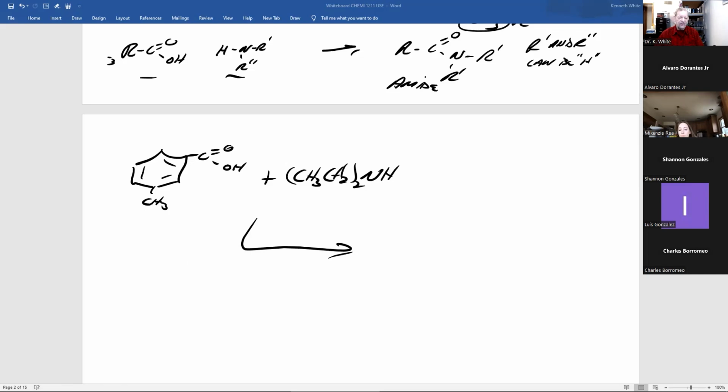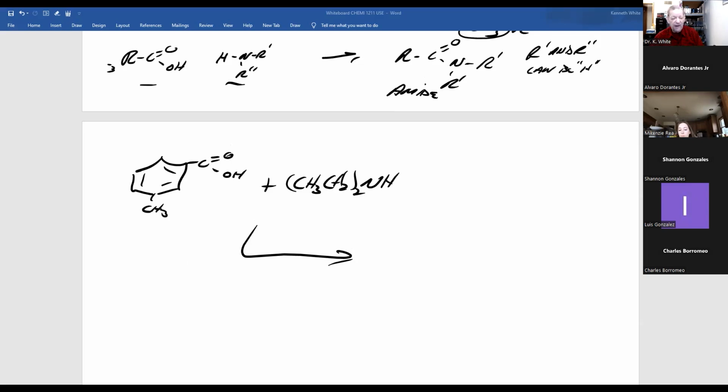All right, let's take a look at this. Well, I said this benzene ring will not react. So I'm going to call this whole thing with the methyl group R. What do I have? A carboxylic acid. What's different? Ooh, nitrogen with two R groups, which I'll call R prime and R double prime.